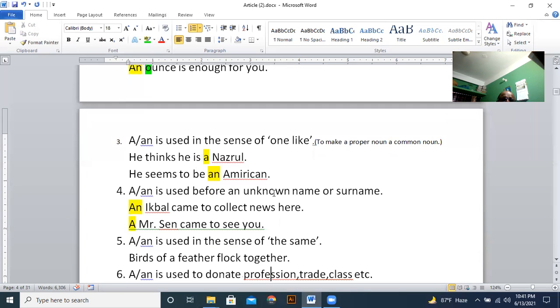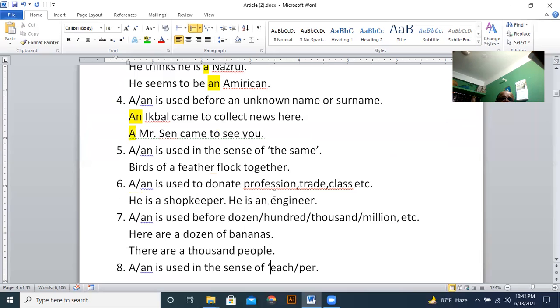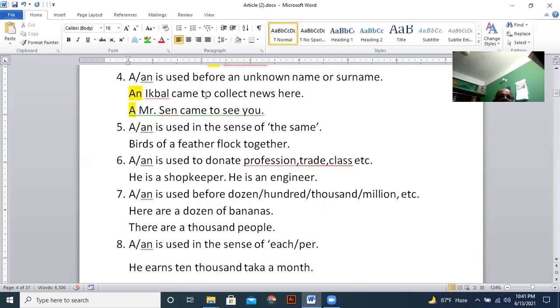Now look, serial number 4. A or an is used before an unknown name or full name. Now look, an Iqbal came to collect news here. We know Iqbal is a proper noun, or Mr. Sen. Here Iqbal is a proper noun. But we know that before a proper noun we cannot use an article. But here, why an article?